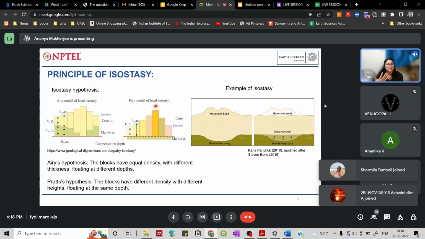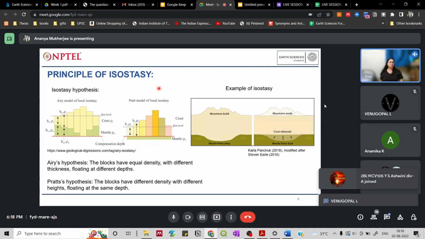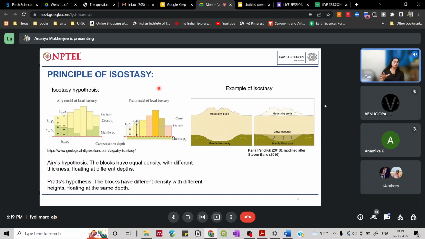We try to understand that through the principle of isostasy, which deals with the gravitational balance that exists between the elevated areas and the depressions. That exists because of the different heights and the densities of the crustal blocks.